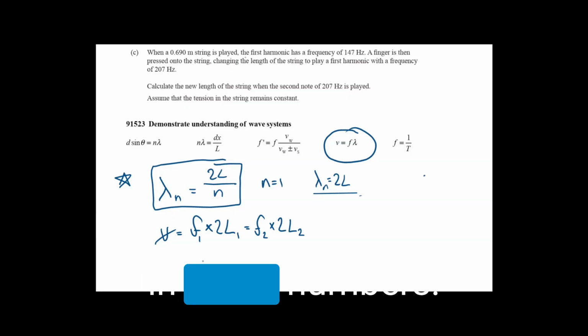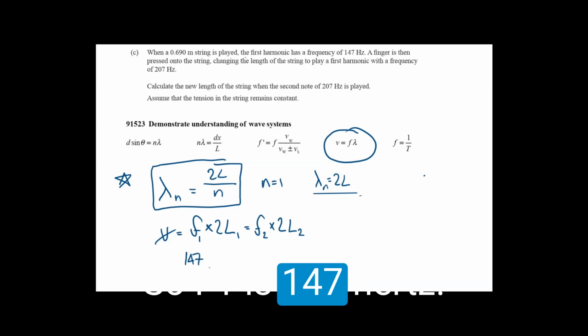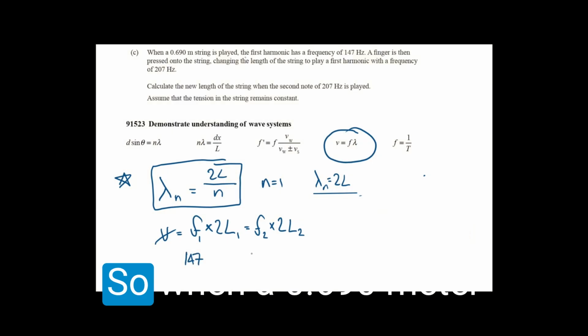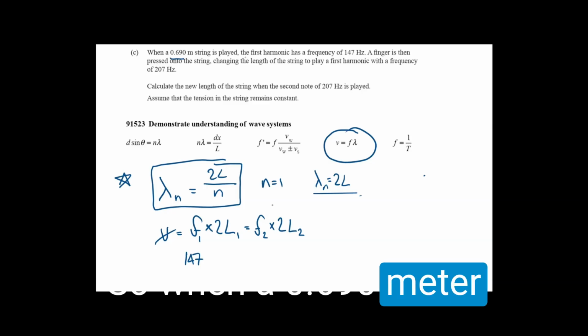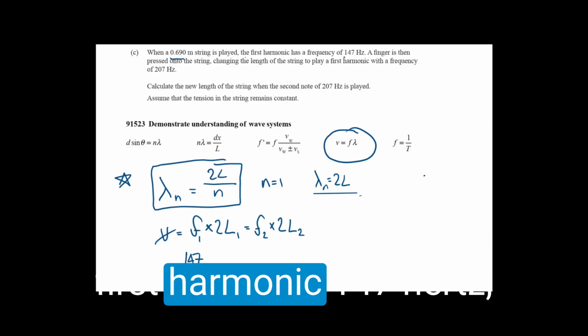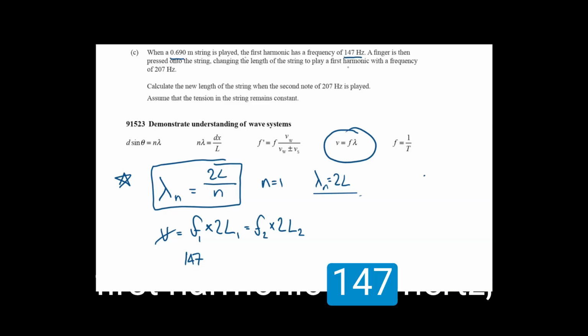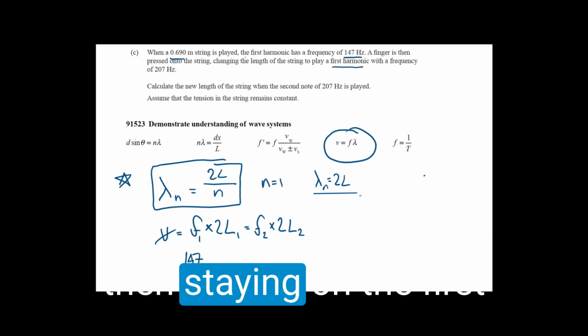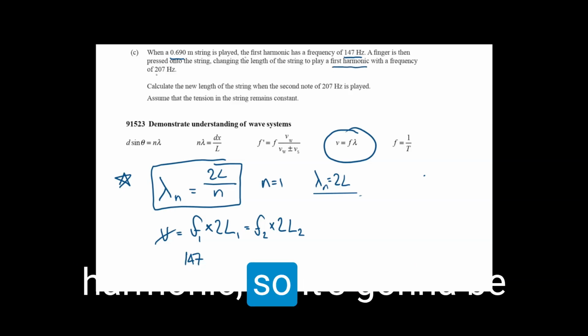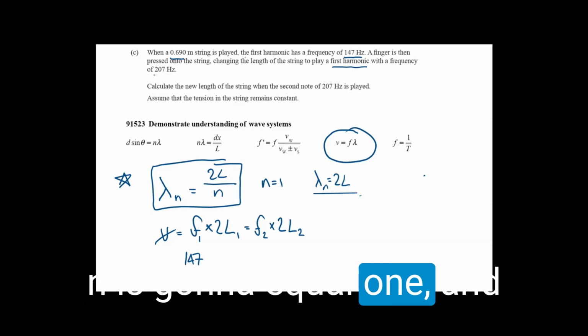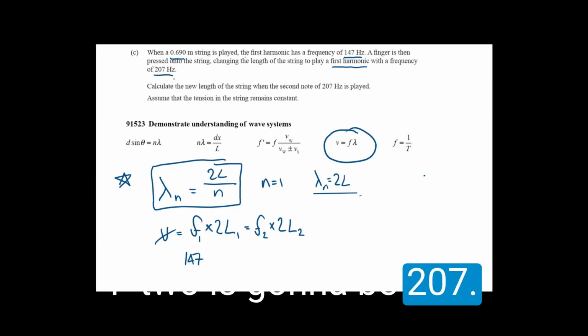Now we can put in those numbers. F1 is 147 hertz, when a 0.690 meter string is played on the first harmonic. Then staying on the first harmonic, n is going to equal 1, and F2 is going to be 207.